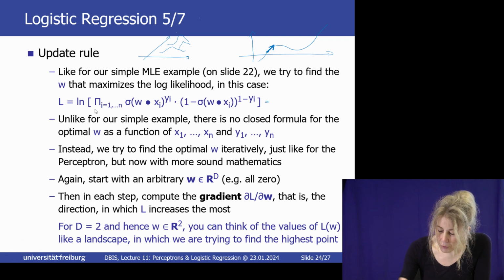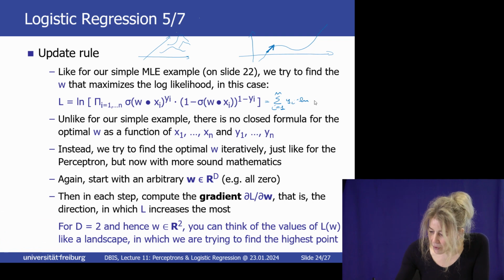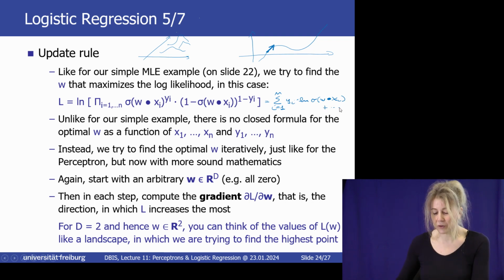The product becomes the sum, as usual, 1 over n, and now I have ln of this, which means yi times ln of sigma of w times xi, plus, it always looks like this. You have this product, and then the logarithm of the product becomes the sum of these things.